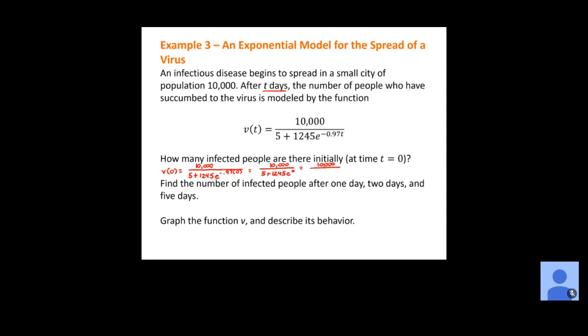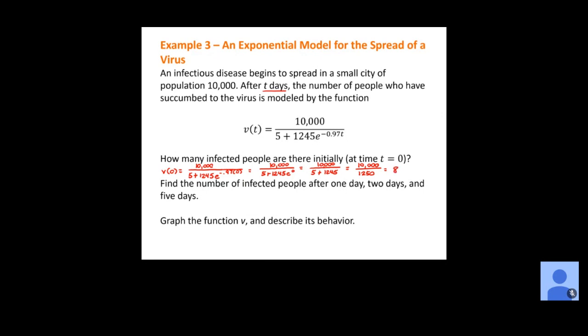Anything to the 0 is 1, so we end up with 5 plus 1,245 here. Now we can just add those together in the denominator, then do our division. So we have 10,000 over 1,250 if we add those. And so what is 10,000 divided by 1,250? It's going to give us 8.